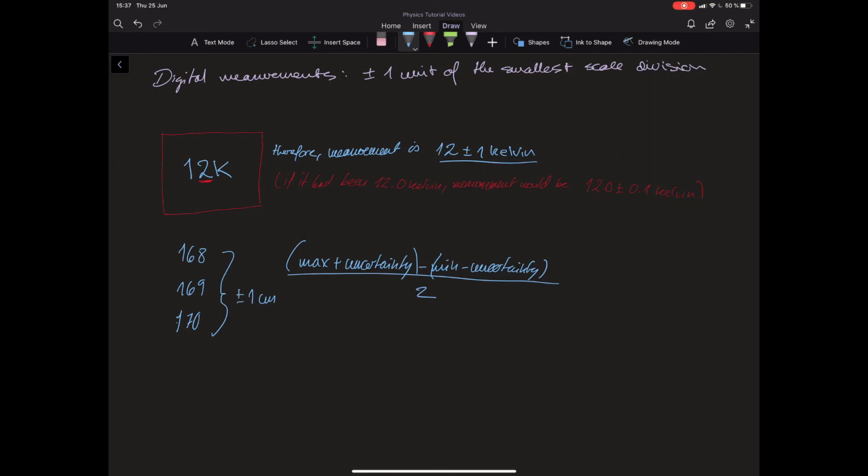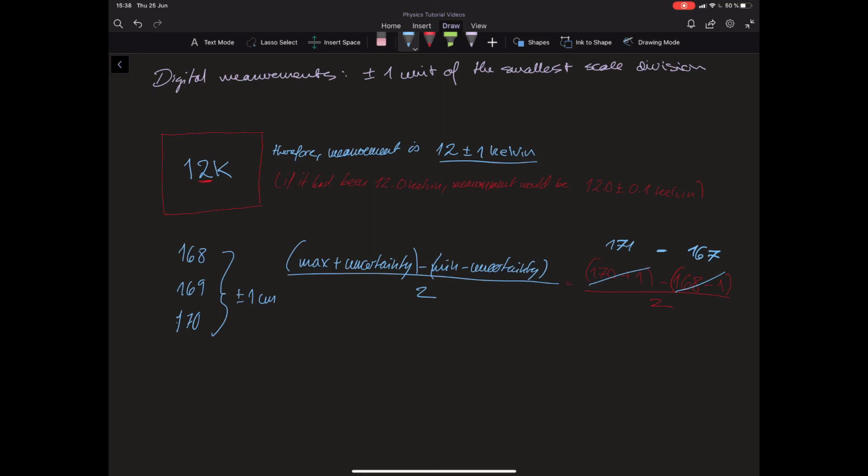So, if we use the above example, we start by taking 170 centimeters and adding 1 centimeter, which is the uncertainty, and subtracting the smallest measured value, which is 168, minus the uncertainty, and this now becomes 171 centimeters minus 167, divided by 2.